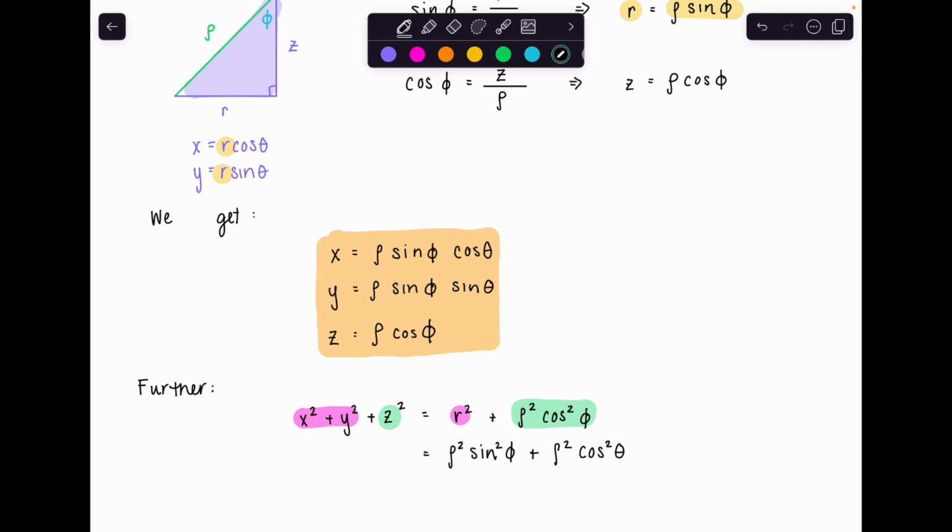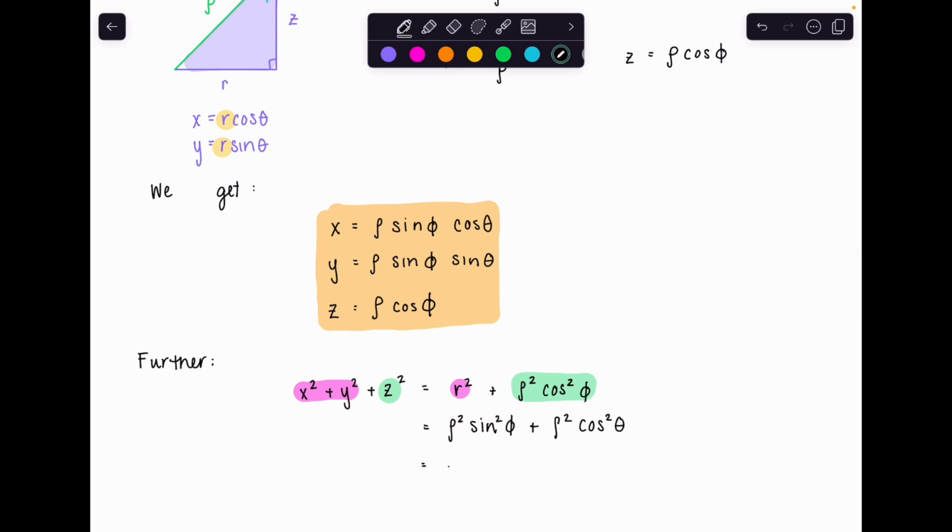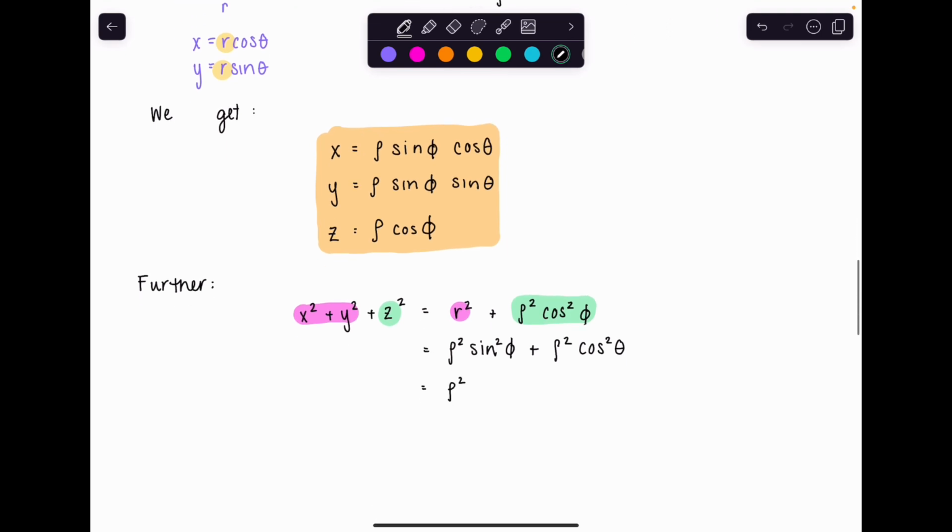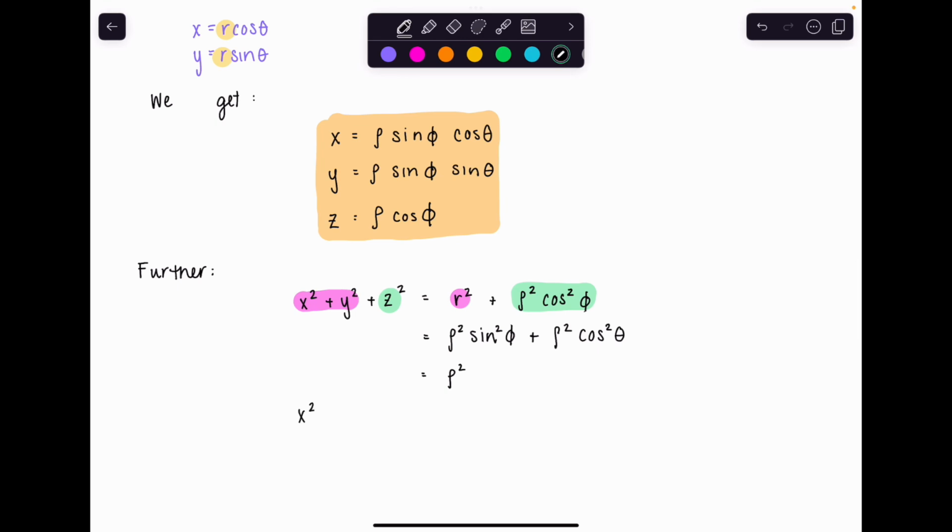You've got sine squared of phi plus cosine squared of phi, same exact angle. So this just condenses down to rho squared. So our relationship that we can use to help switch is that x squared plus y squared plus z squared is going to equal rho squared.